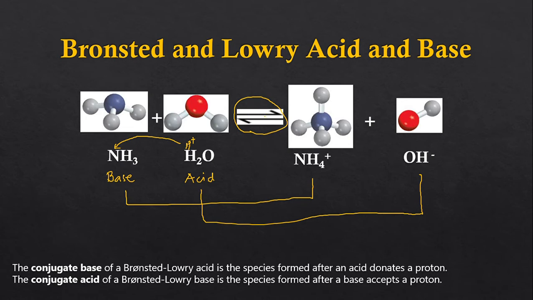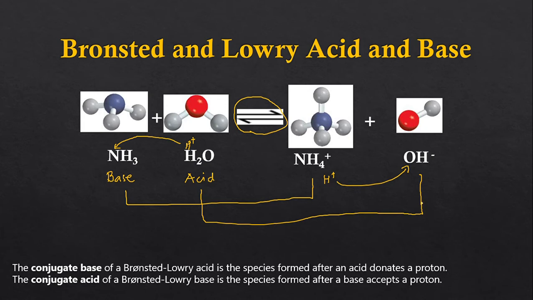Okay? Now, since this is a reversible reaction, magre-react ulit silang dalawa. Yung ammonium ion natin at saka yung hydroxide ion natin. Ibig sabihin, yung extra hydrogen ion na nakakabit dito, magre-react uli siya kay hydroxide ion para maging water uli siya.